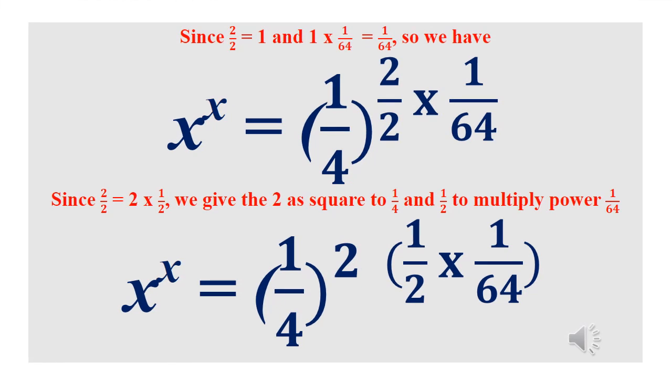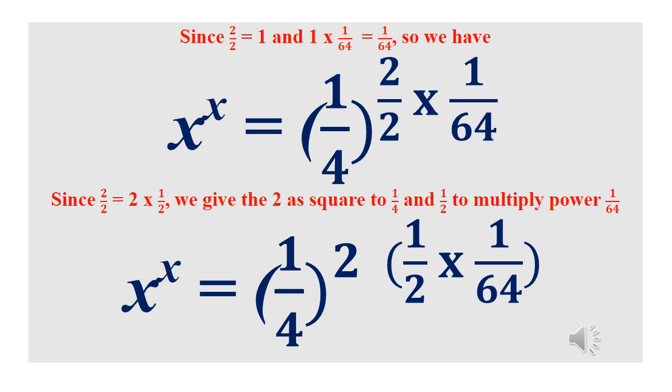Now since we have 2 over 2 as 1 like we did the other time, and 1 times 1 over 64 will still give us 1 over 64, we plug it in again just like we did the other time. We have x raised to power x equals 1 over 4 all raised to power 2 over 2 times 1 over 64.